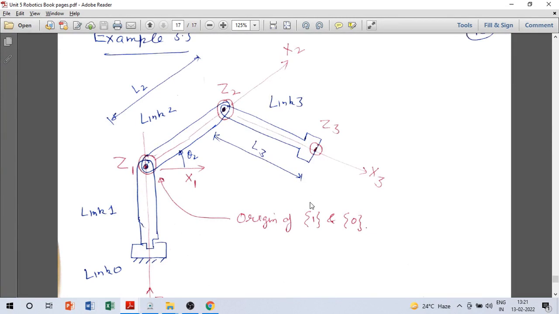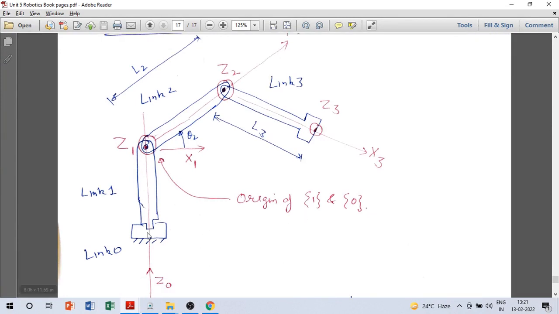Then we assign the z-axes. Through this one, the z-axis will be along the axis of this joint, z0 going this way. From this revolute pair z1 is coming towards us, and z2 is also coming towards us. So we assigned these z coordinates.